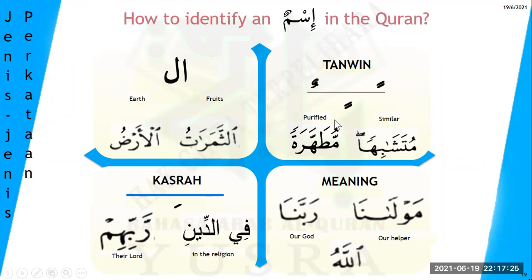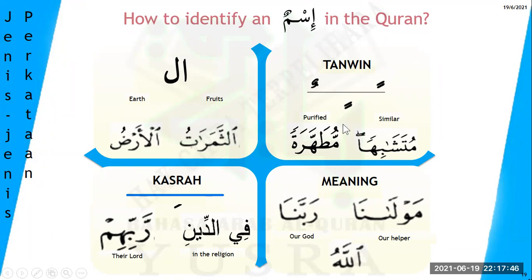Then all words that end with a tanwin, either dhammatayn, kasratayn, or fathatayn, such as mutashabihan, mutahharatun, or mutahharatin, are nouns. Normally tanwin words are singular nouns.